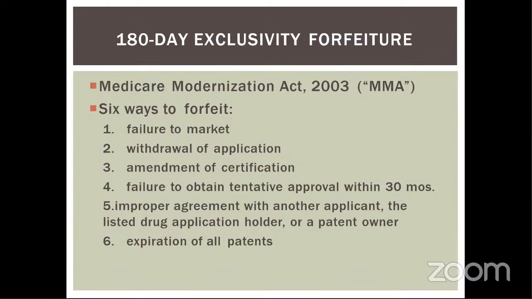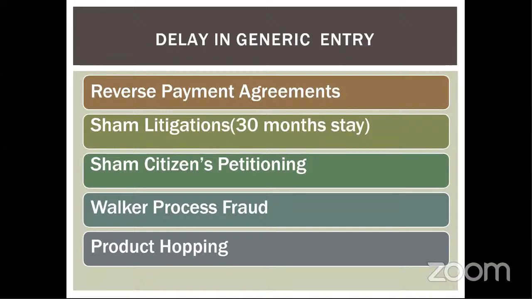Failure to obtain tentative approval. Fifth, the listed drug applicant holder or a patent owner. And sixth one is expiration of all patents. So all these are the 6 ways to forfeit the 180-day exclusivity. Okay, so this is all about the details of this act.